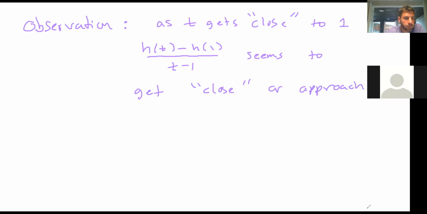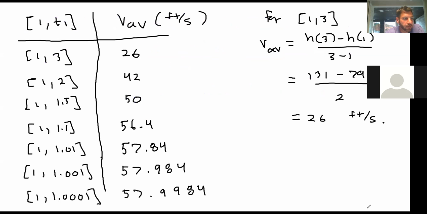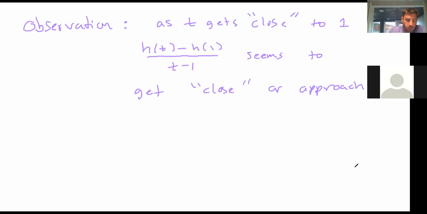If you continue this investigation, you're going to get 57.99 and then 57.999 and so on. So really what that is is the number 58.